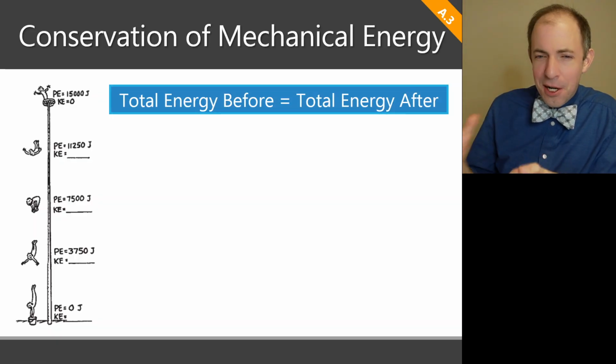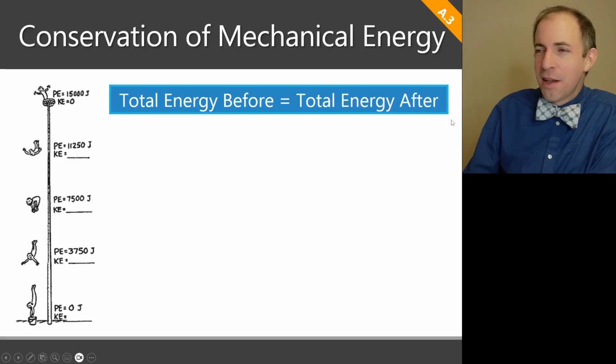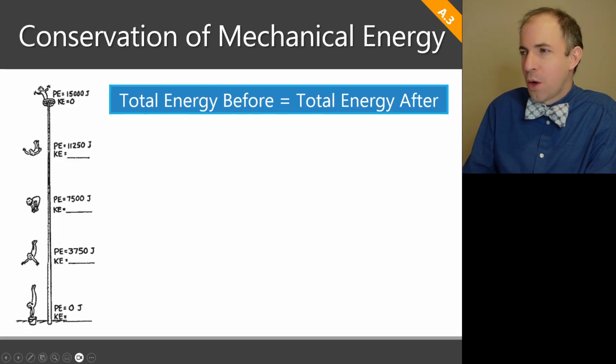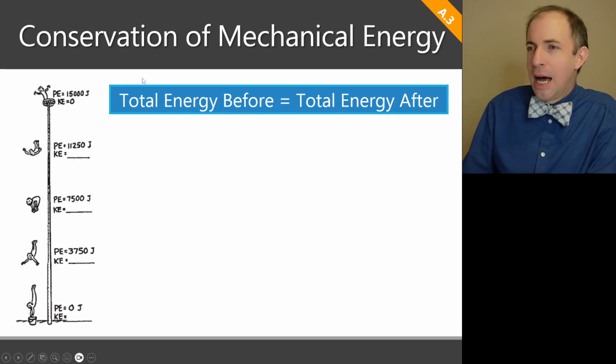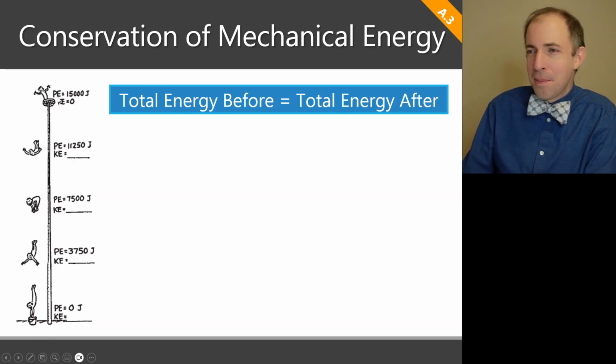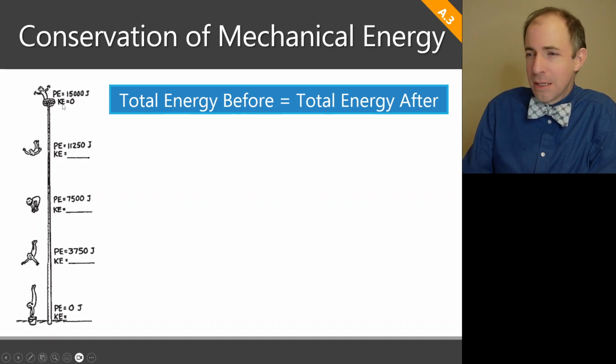Now, we can conserve this mechanical energy. Basically, that is just saying for a closed system, the total energy before is equal to the total energy after. This diver here, standing up at the top, has a potential energy of 15,000 joules and a kinetic energy of 0 joules.